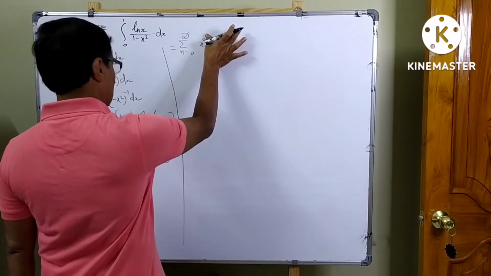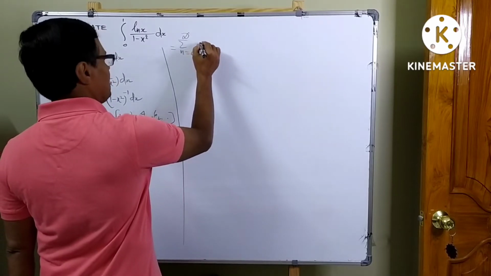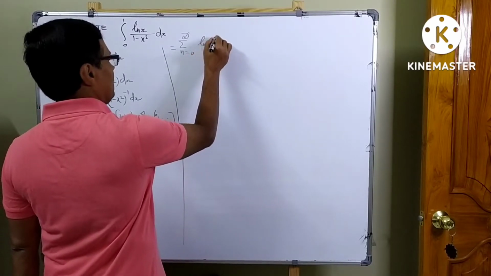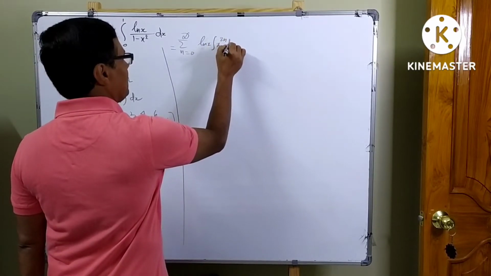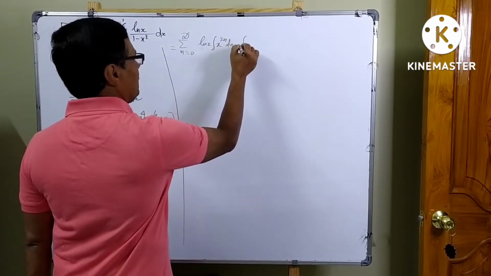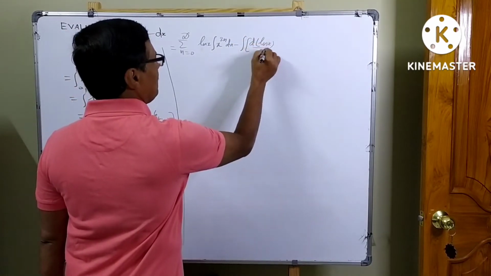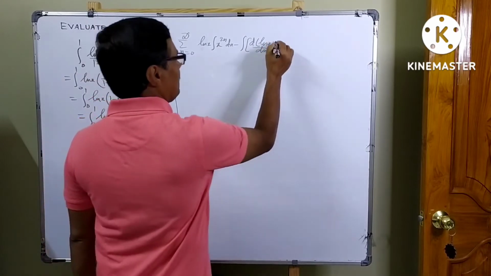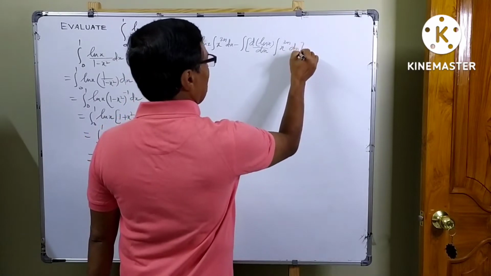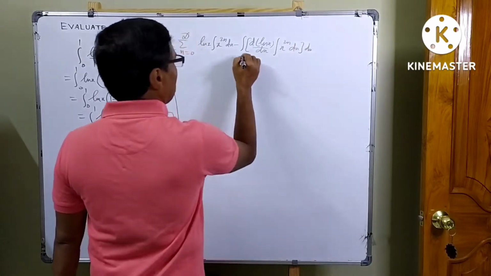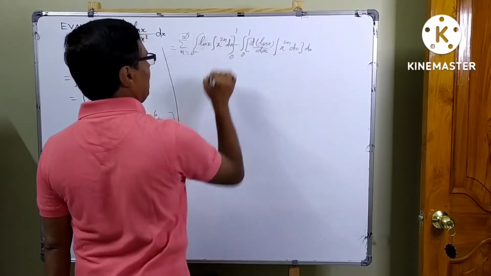Here we can use the first function as natural logarithm x, times integration of x to the power 2n dx, minus integration of the derivative of natural logarithm x over dx times integration of x to the power 2n dx, with limits 0 to 1.